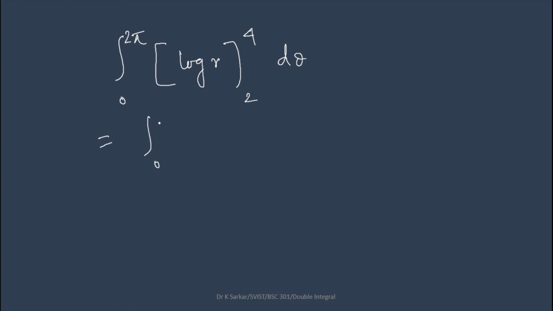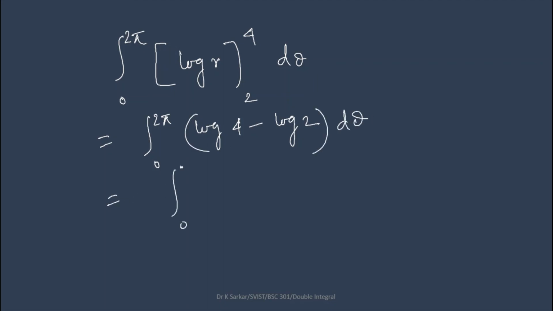Now we know that integration of 1 by r dr is log r and limits are 2 to 4, d theta. Now this is log 4 minus log 2, d theta.